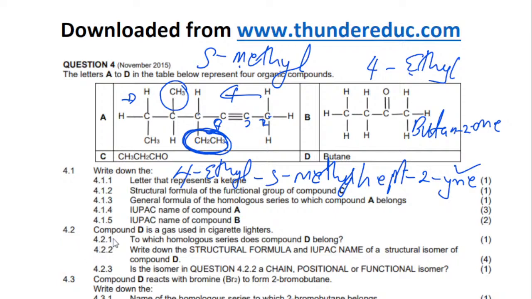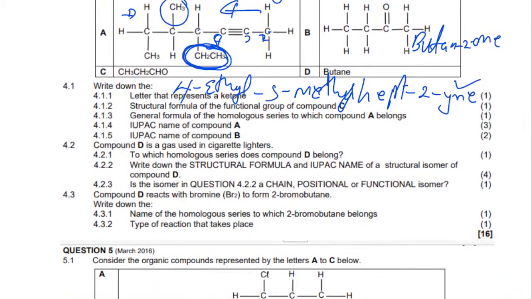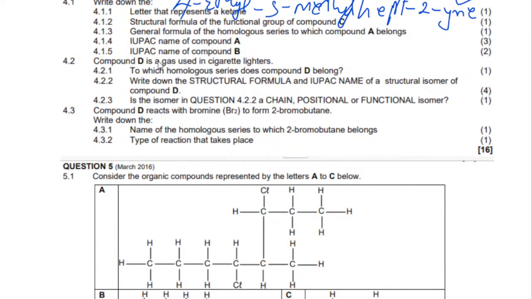Let's go to question 4.5. So I think we are done. So it's going to be but-2-ene. And then compound D is a gas used in cigarette lighters.